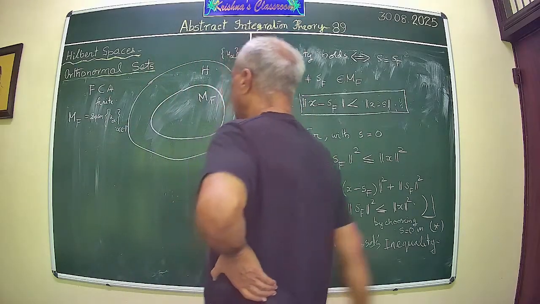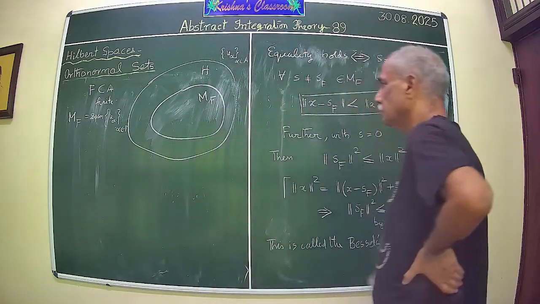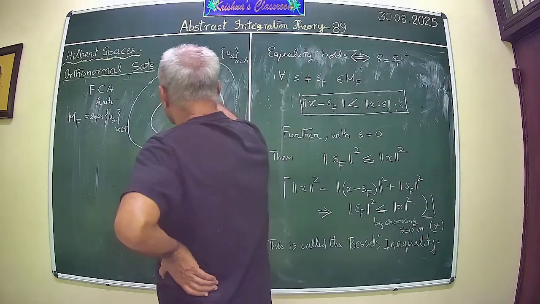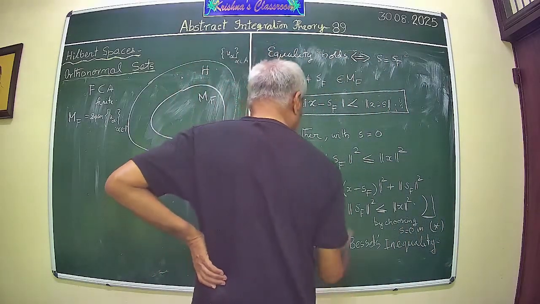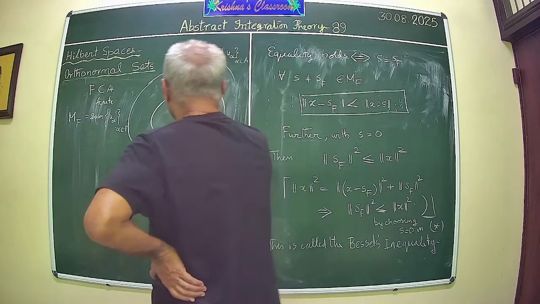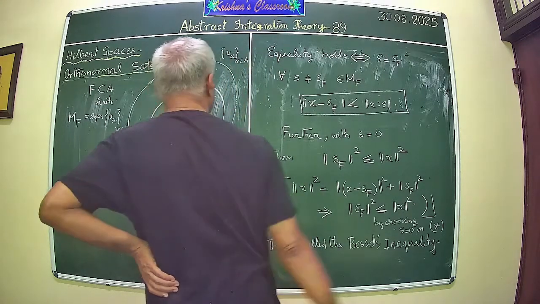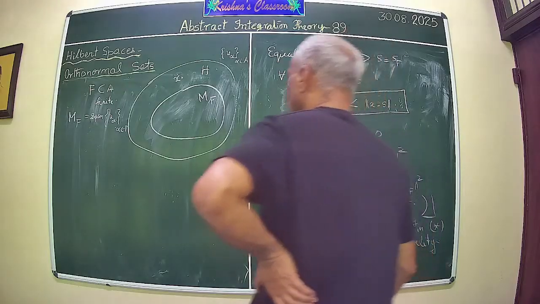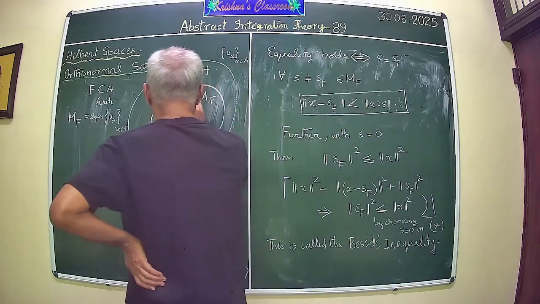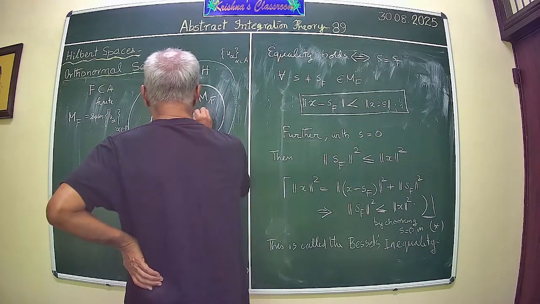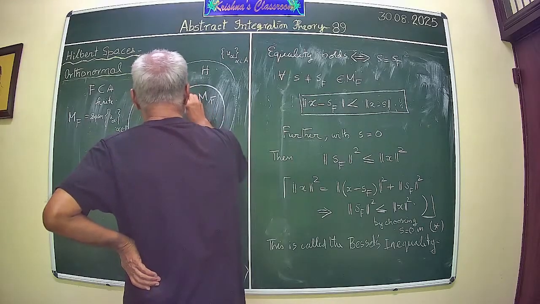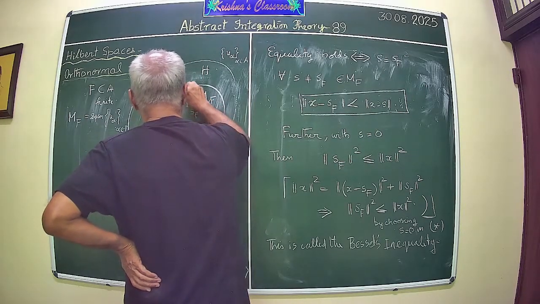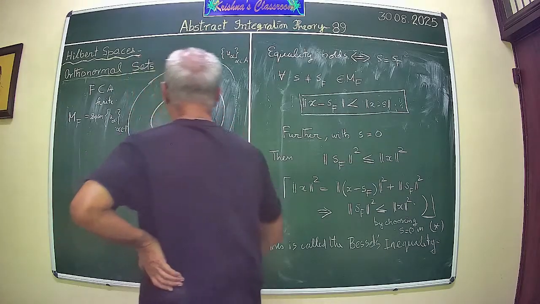What does this theorem say? Take any x in H. Then there is a vector which you call SF, so that this is the distance from X to SF, or what you call the orthogonal projection.